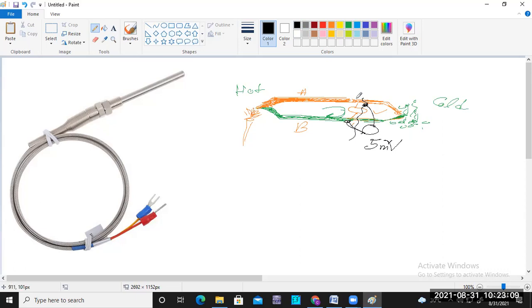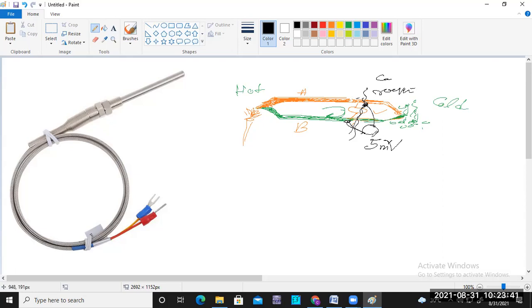This junction is at room temperature, so it is also a cold junction, and here you apply some heat by a gas oven or a furnace, or any heat source. So with a hot junction and a cold junction provided, a current will flow from metal A to metal B, and across the cross-sectional area you get some voltage, the EMF.